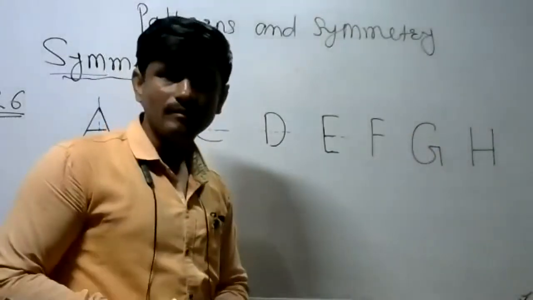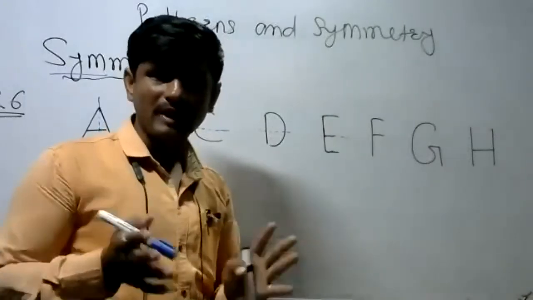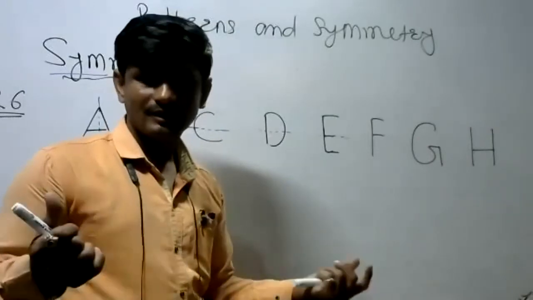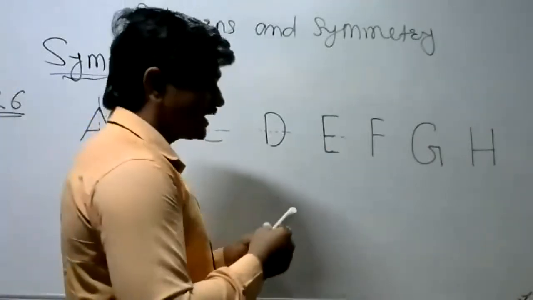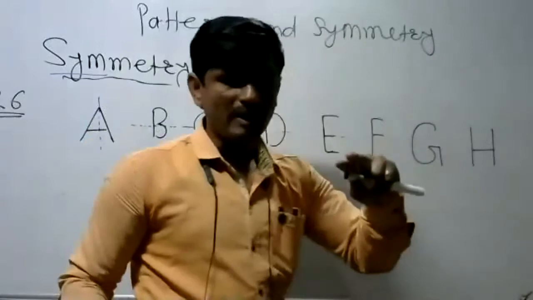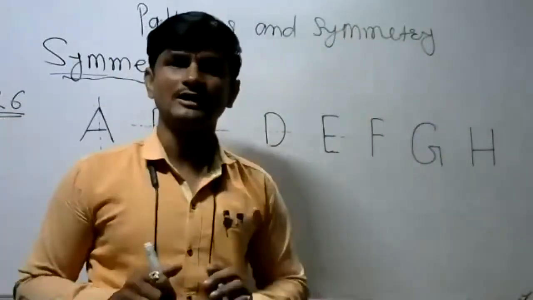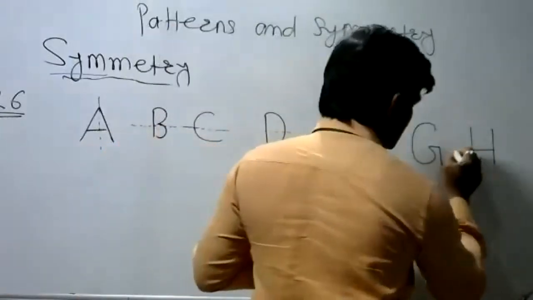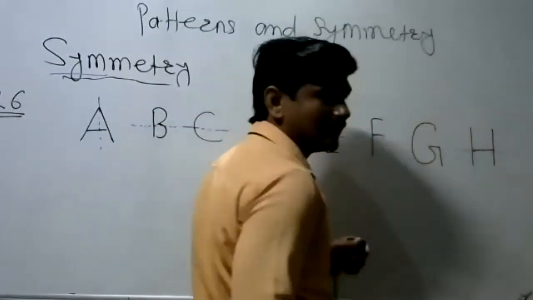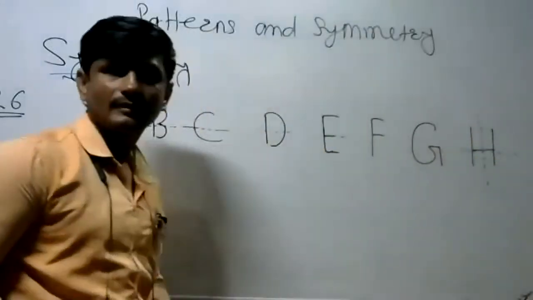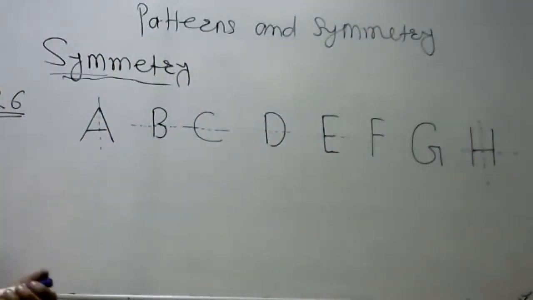G also, can G divide into two same parts? Yes? No. H can divide into two parts. It will be divided vertically also and horizontally also. See, this is horizontally and this is vertically. Got this, everyone?